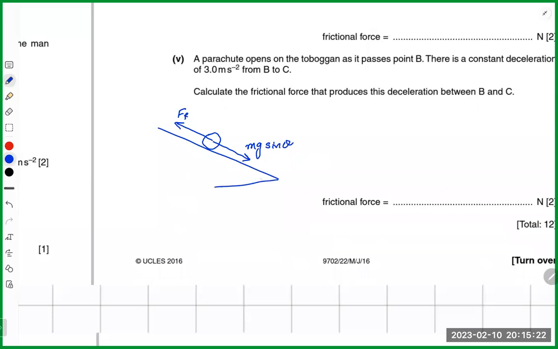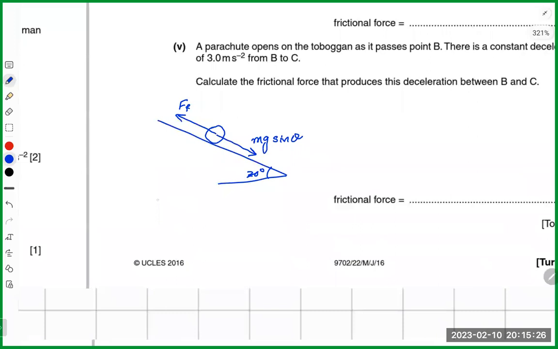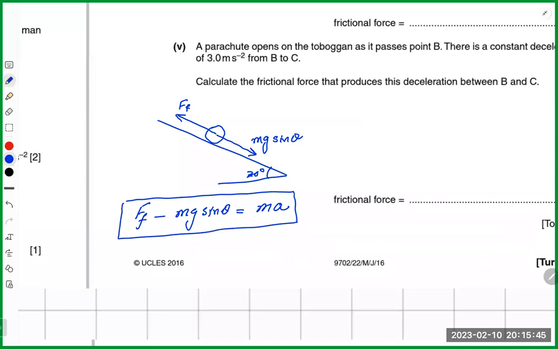Theta in this case, and you should write Ff minus mg sine theta equals ma. So you put values into this equation and you can find out Ff.